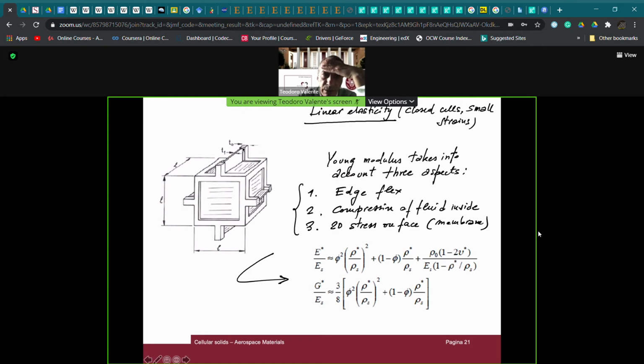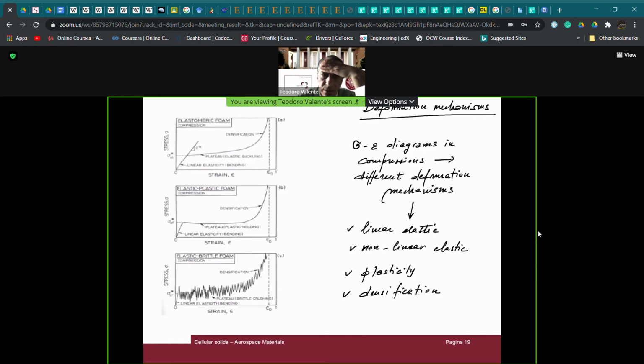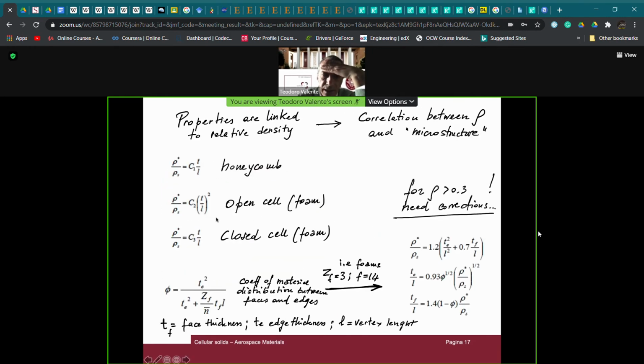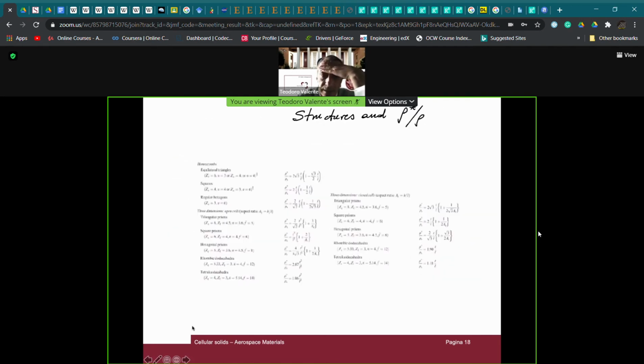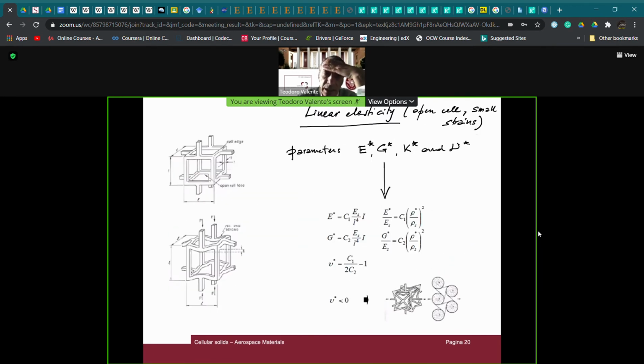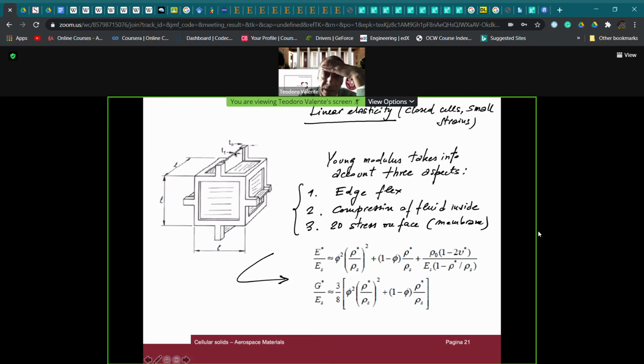This is also the meaning of TE and TF, the parameters that we have defined here. TE we have defined as the edge thickness, TF as the face thickness, and generally speaking, they can be different.